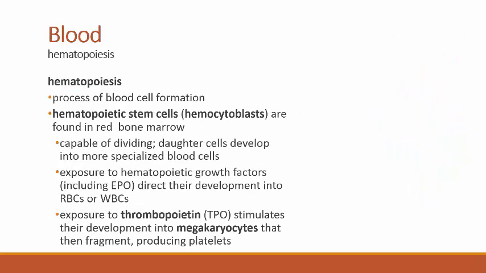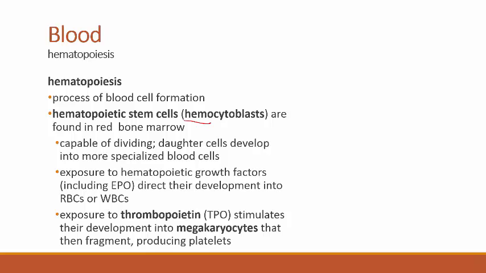So let's talk for a moment about hematopoiesis. Hematopoiesis is the process of making red blood cells, and all of the formed elements of the blood are the offspring of these hematopoietic stem cells, sometimes referred to as hemocytoblasts.